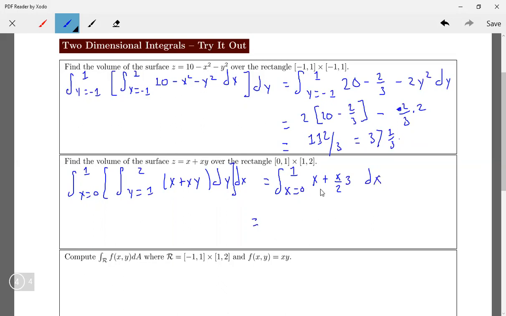The antiderivative of x is x squared over 2. So that integral is 1/2 plus 3/2. Again, the antiderivative of x is x squared over 2. So this is 1/2. This is 3/4. So this is 2/4 plus 3/4. That's 5/4.